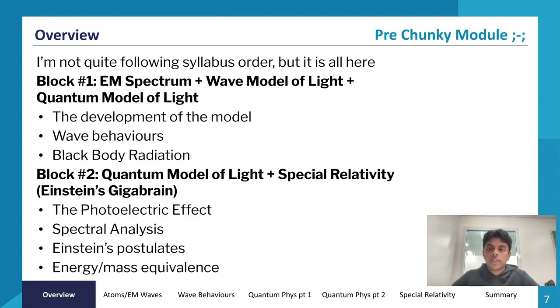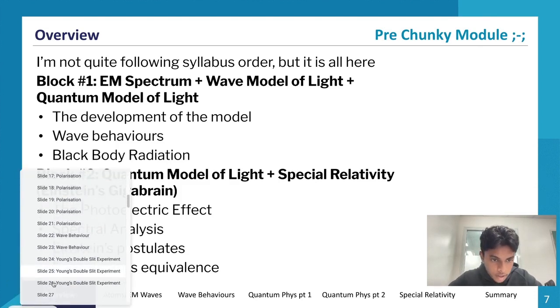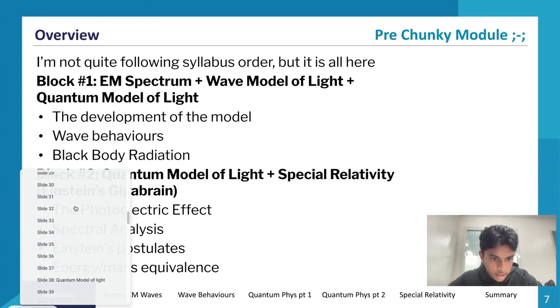Blackbody radiation: you need to know the implications of blackbody radiation and how it led to the ultraviolet catastrophe, because it didn't align with the classical model.